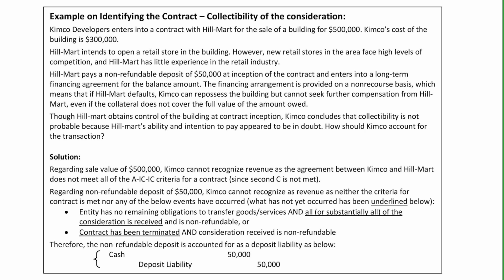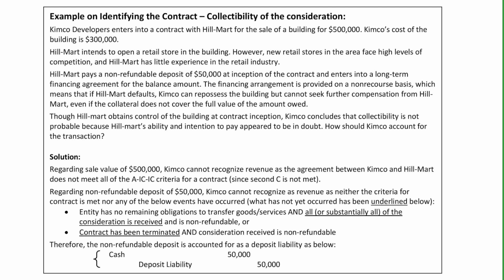So the financing arrangement for the balance $450,000 is provided on a non-recourse basis, which means that if Hillmart defaults, Kimco can repossess the building but cannot seek further compensation from Hillmart, even if the collateral does not cover the full value of the amount owed.